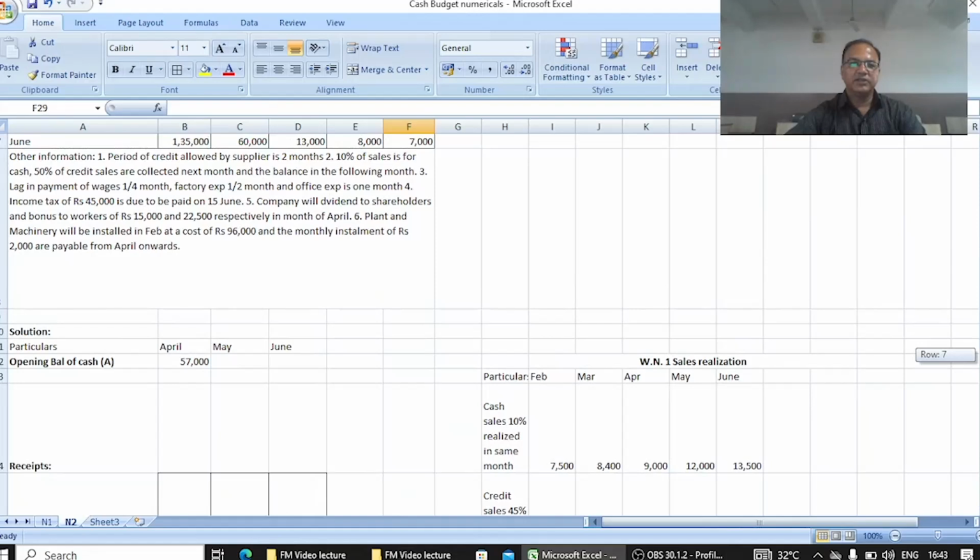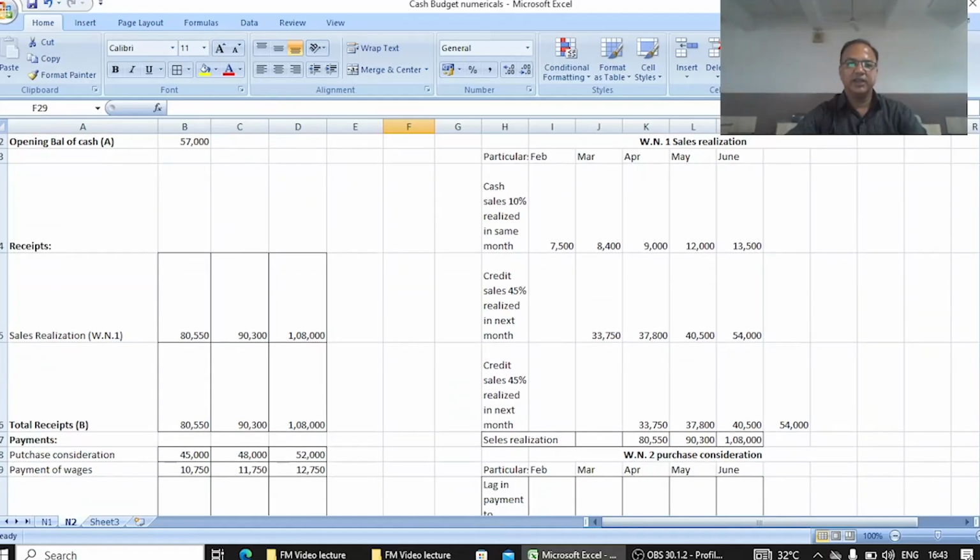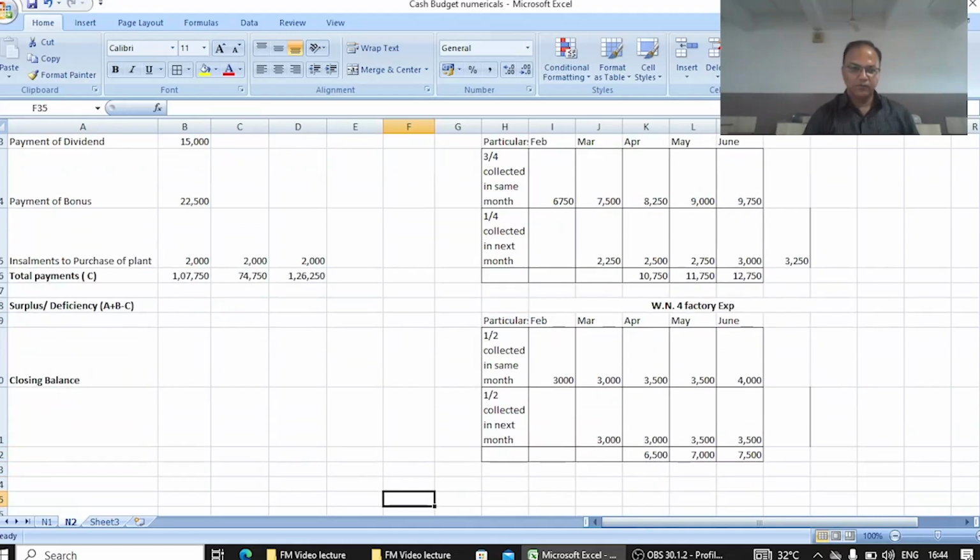Now A plus B minus C. Here 57 plus 80, it will be 137,550. 137,550 minus 107,750 is 29,800.